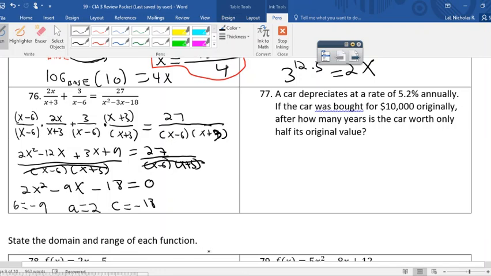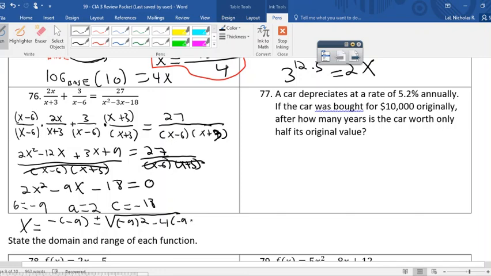So x is going to be equal to negative b, 9, plus or minus the square root of negative 9 squared minus 4 times negative 9.